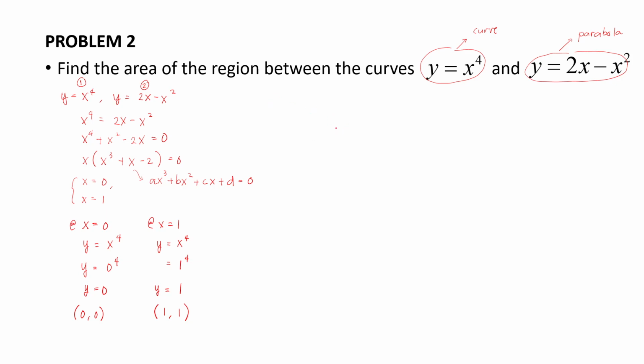Okay, so the next thing that you need to do is to graph your equations. So graphing your equations. Since it's just 1 and 1, let's try to make it big.